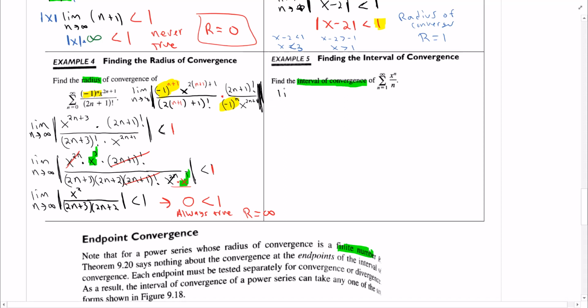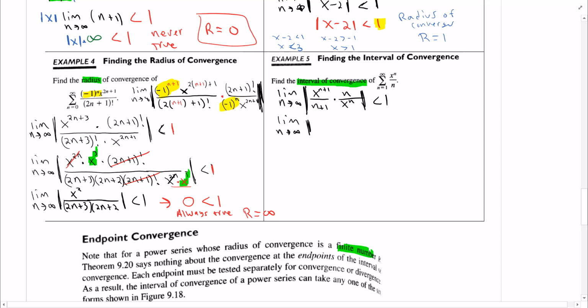We're going to take the limit as n goes to infinity of the absolute value, and we're going to do the n plus 1 term. So this is going to be x to the n plus 1 divided by n plus 1. Since it's a fraction, we just multiply by the reciprocal for the nth term, like this. We're trying to show this is less than 1.